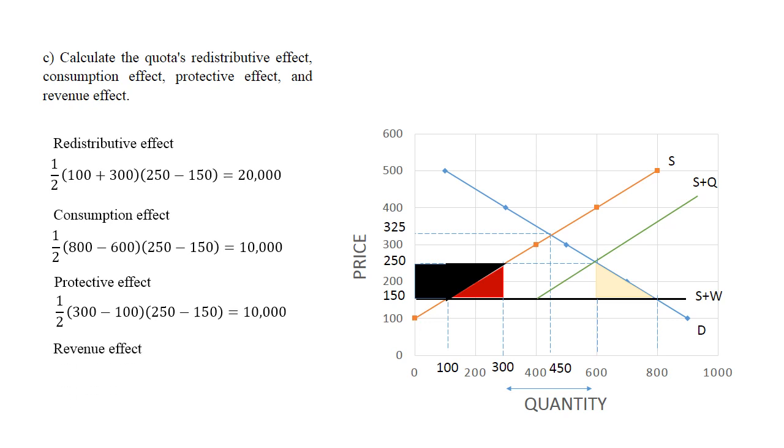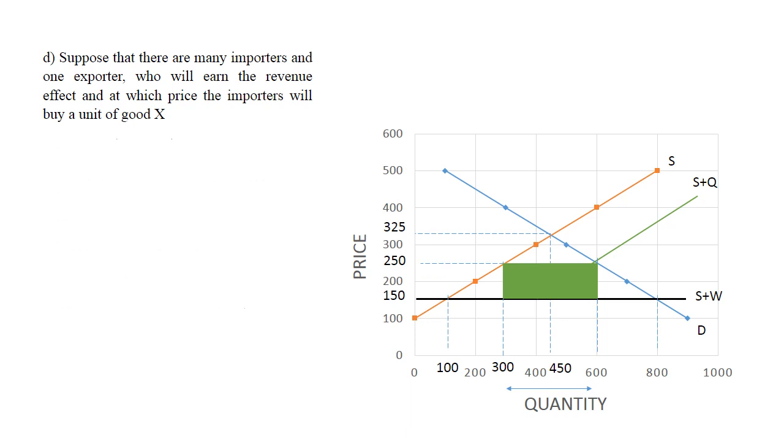Which area shows the revenue effect? This is the area of our revenue effect. To get it, 250 minus 150 times 600 minus 300, which is 300, the number of imports. So you will get 30,000. Okay, we go to the next question.